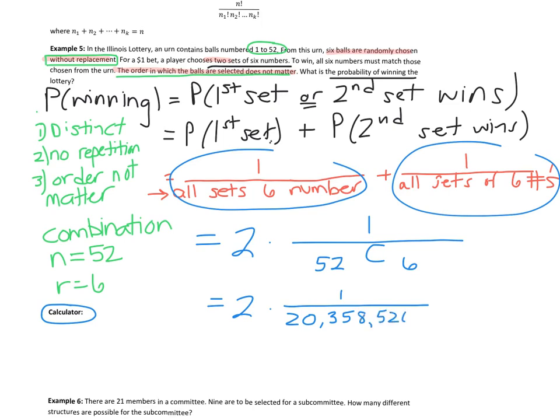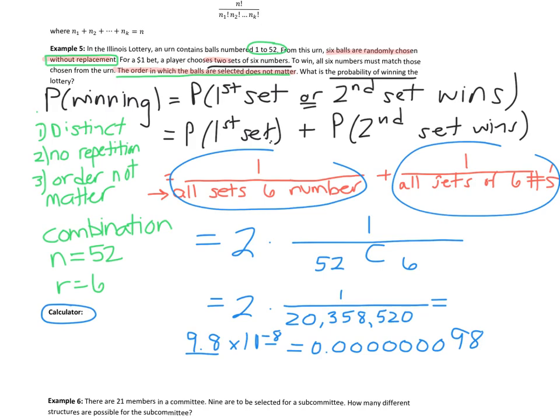All right, and then it's going to be 1 over that times 2. And you guys are going to get 9.8 times 10 to the negative 8. All right, and just to give you an idea of what that looks like, it's 9.8 with 7 zeros in front. 1, 2, 3, 4, 5, 6, 7.